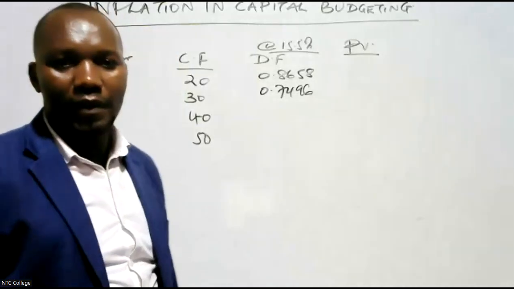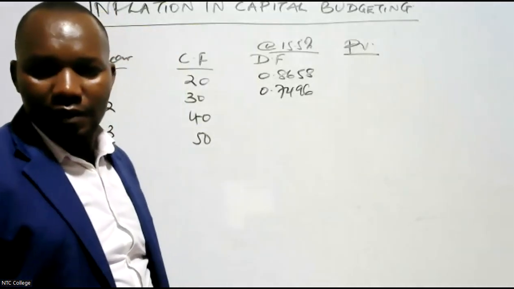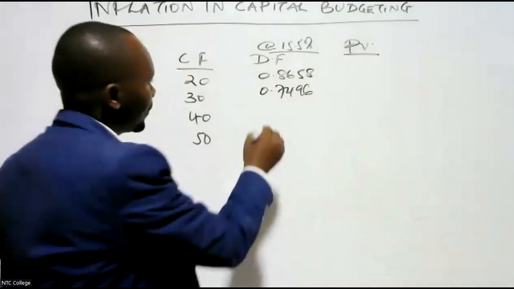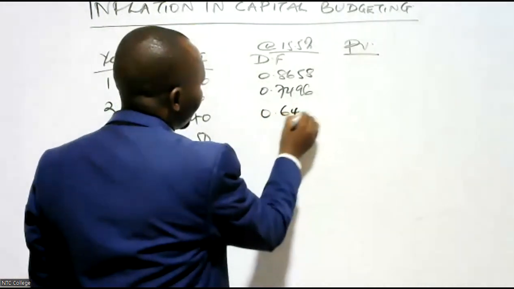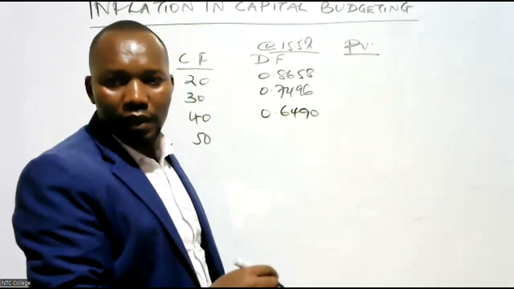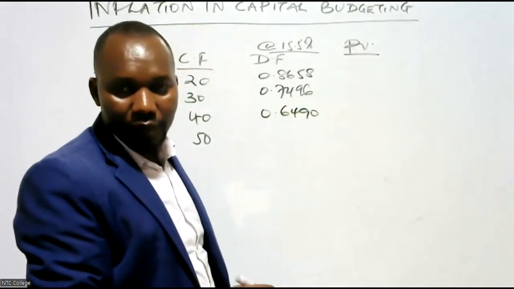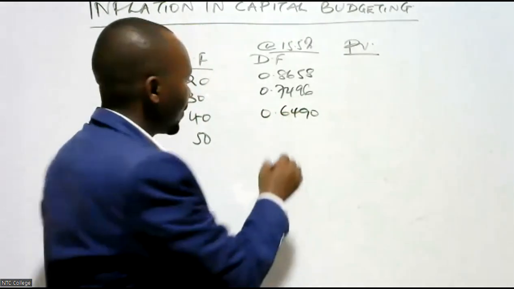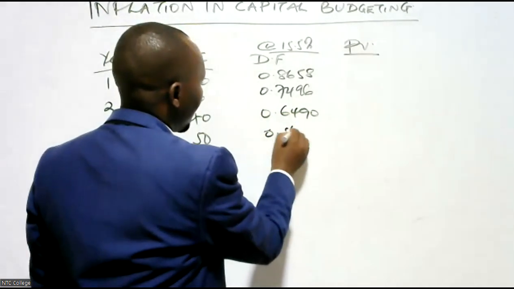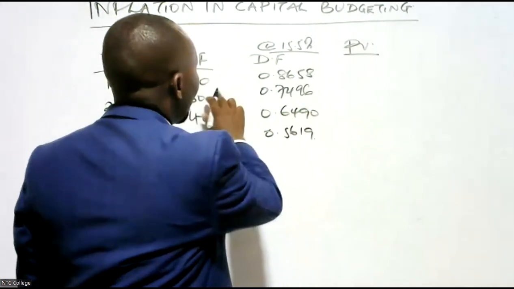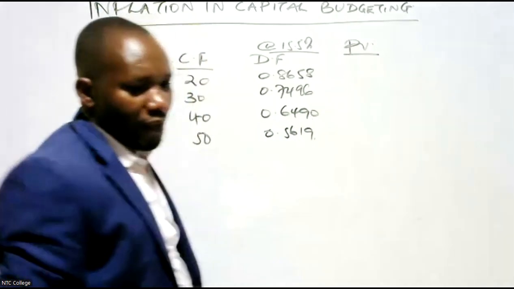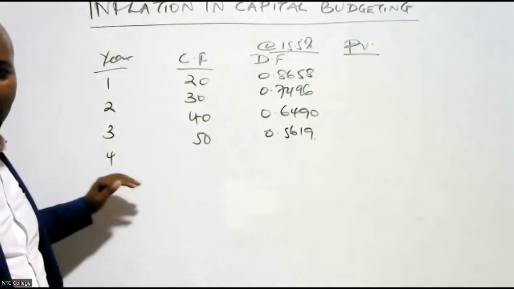The next one. 6490. Then so let's get an NPV. Or I can leave this one. You can do an NPV now. Still.